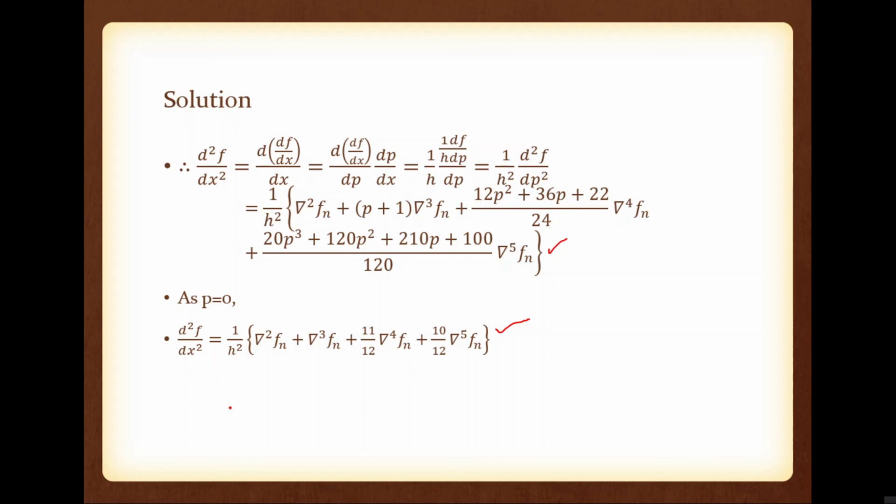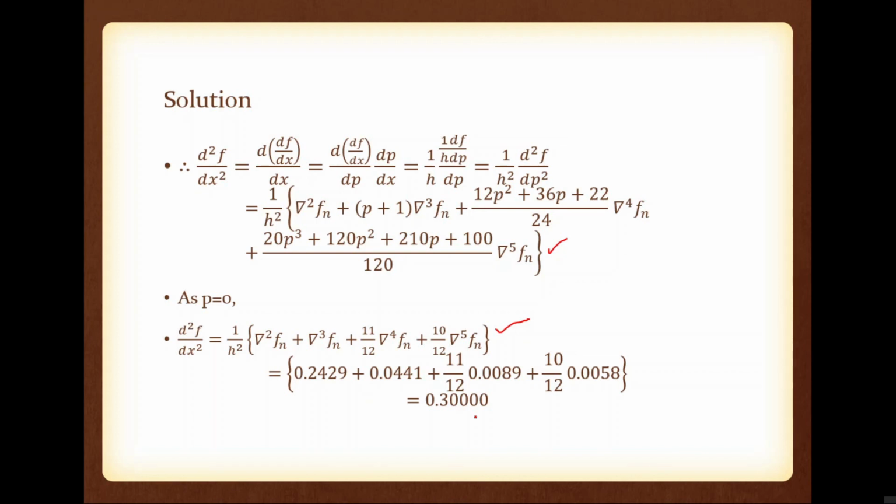So the curly bracket is del square fn is 0.2429 plus del cube fn is 0.0441 plus 11 by 12 into del raised to 4 fn is 0.0089 plus 10 by 12 into del raised to 5 fn is 0.0058. So for me the answer is 0.29999. So after rounding, this is 0.3.